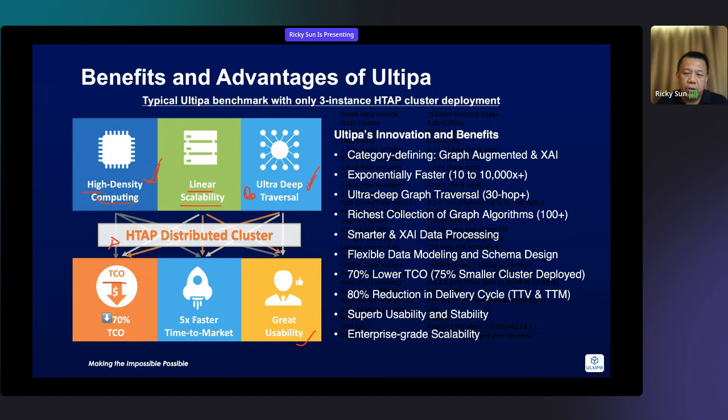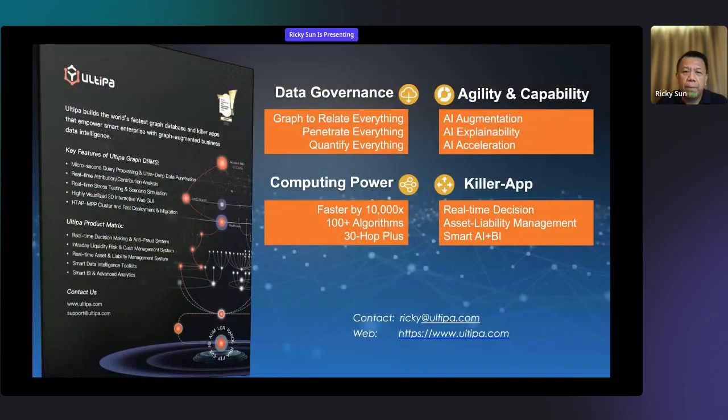It's just a matter of what kind of toolkits, how easy it is to program to achieve your end goals, your application level goals. But what we do believe is that AI augmentation graph is a perfect tool for achieving great explainability, acceleration, augmentation, etc.